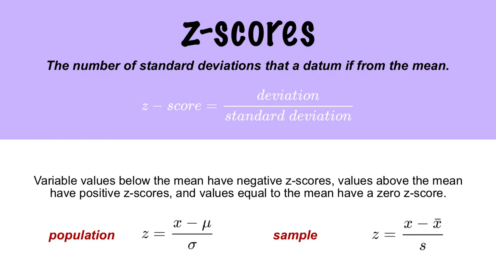Last item, Z-scores, or Z-scores if you're American. So a Z-score is the number of standard deviations that a piece of data is from the mean. So let's say you have a spread here of data, and the average is here.